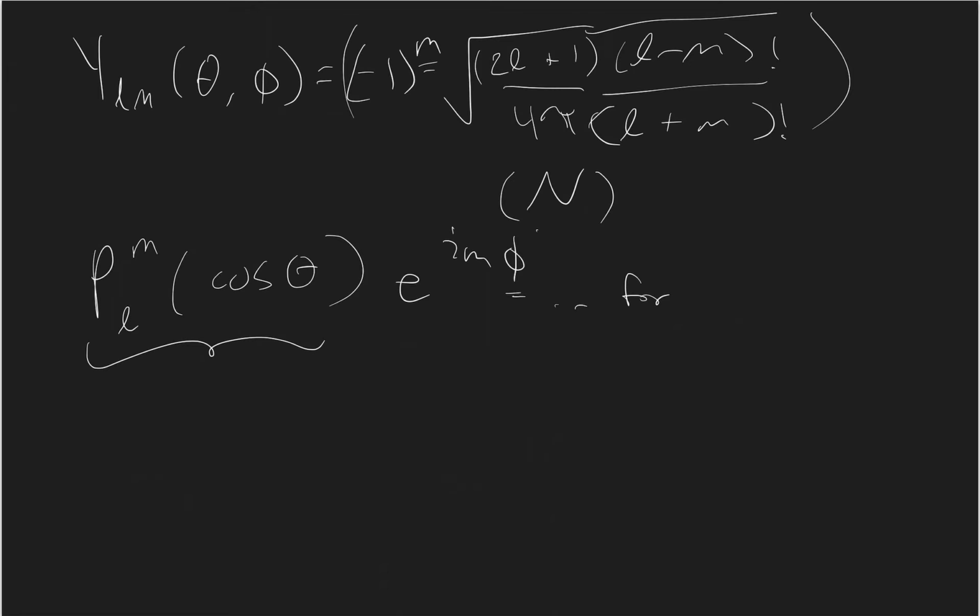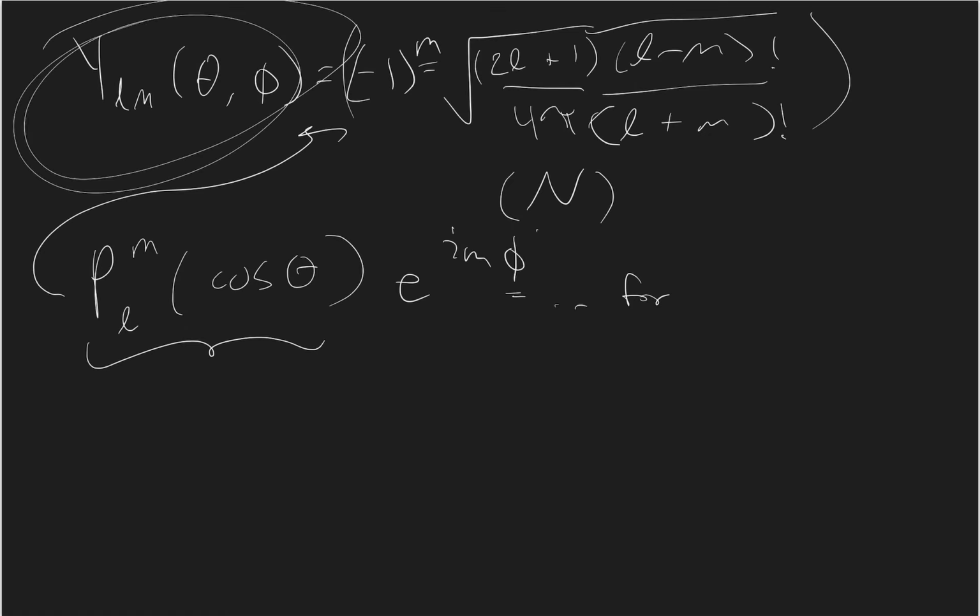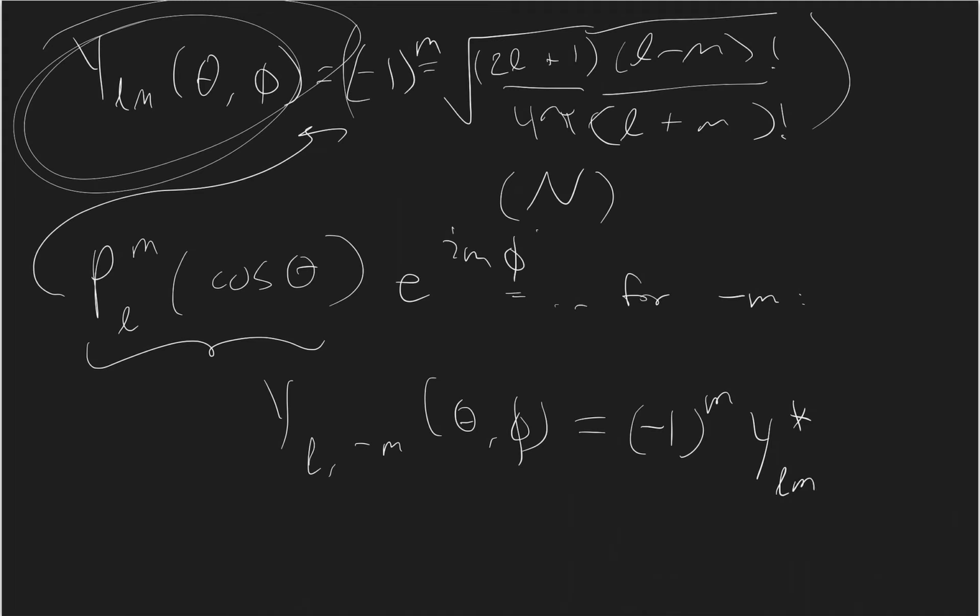And so for negative m, this is all being multiplied by that, by the way. This is completely a part of this eigenbasis. For negative m, we're going to have this property where if we take the spherical harmonics, this actually gives us, surprise, the complex conjugate.